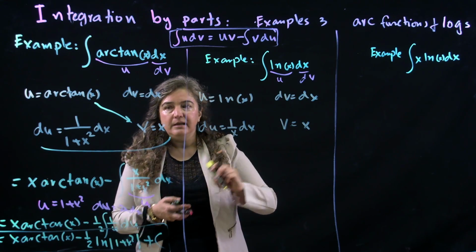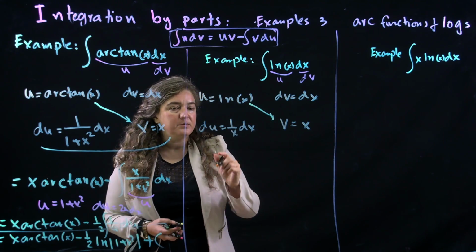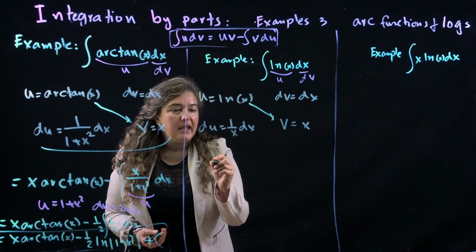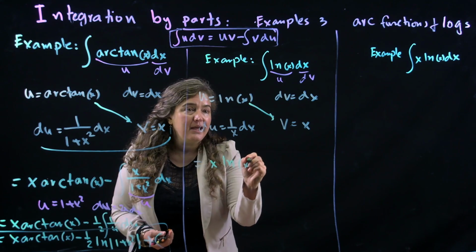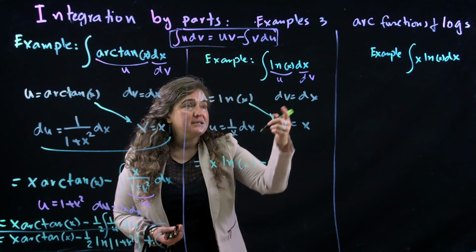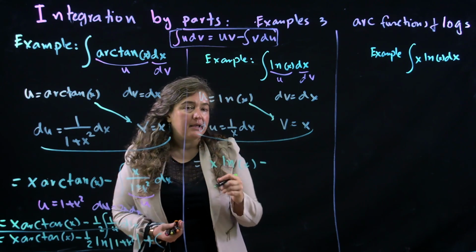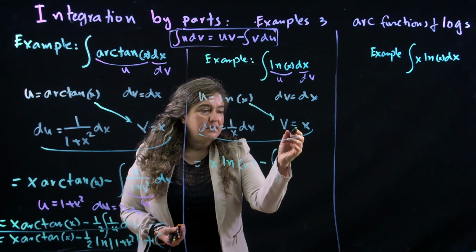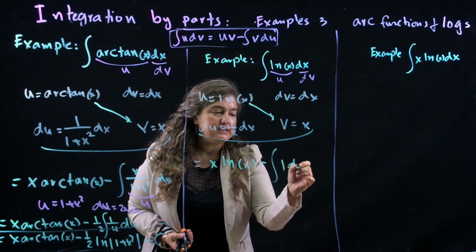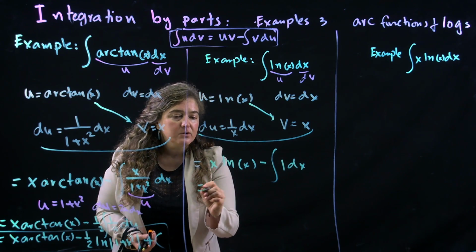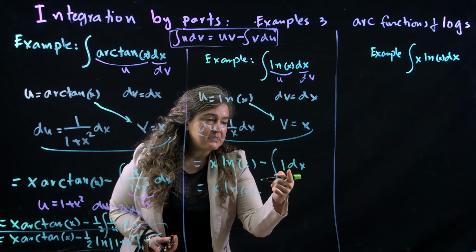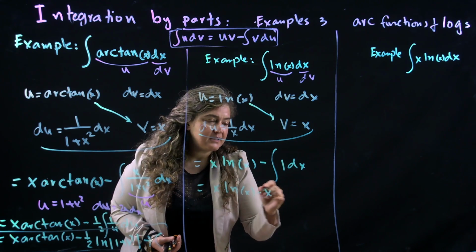Again, these two multiply, so the answer is x natural log of x minus the integral of the second row, which is 1 over x times x, which is 1 dx. So it's x natural log of x minus the antiderivative of 1, which is x, plus c.